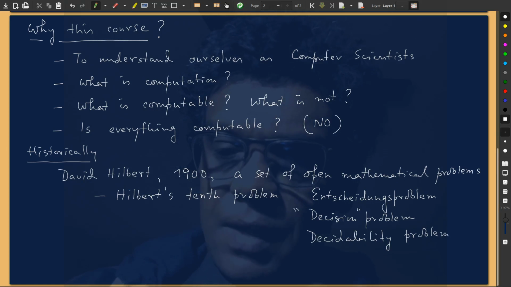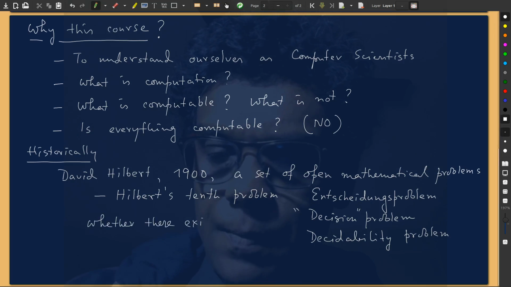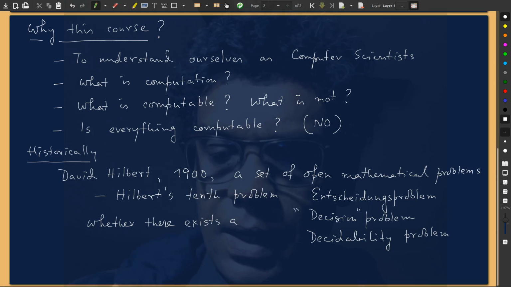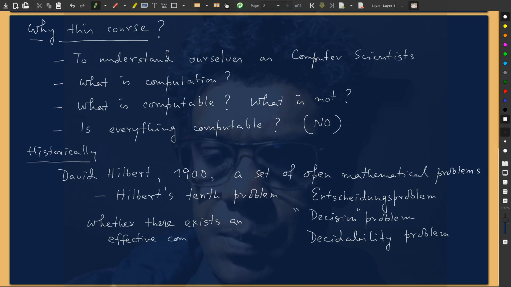So he essentially mentioned a mathematical problem whether there exists an effective computation procedure for solving some problem.